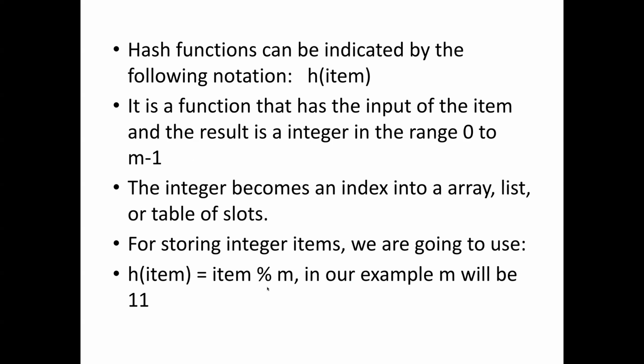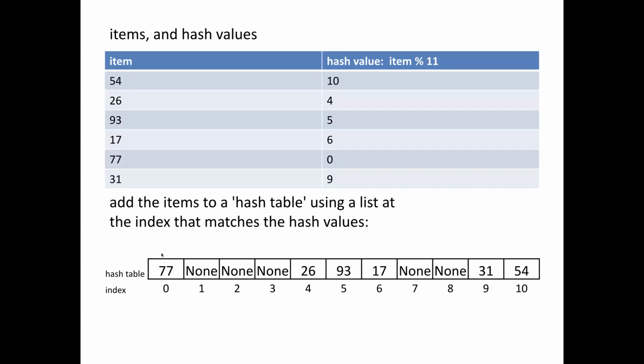So the modulo function is pretty popular and typical for a simple hash function. Okay, here is a detailed example. You have items that are integers, and if you do modulo 11, so you have a table size of 11, each number will give you a hash value from 0 to 10.